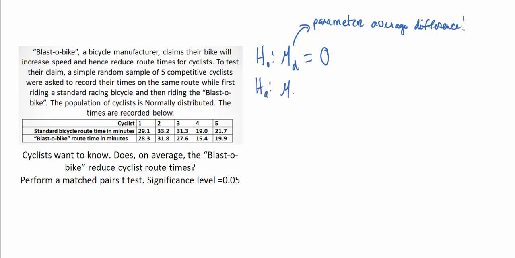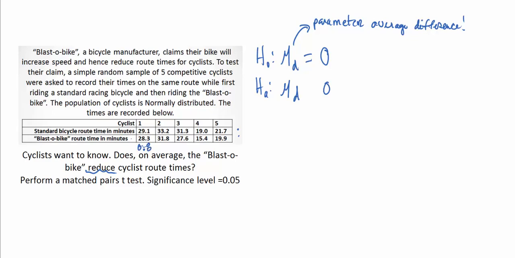And the alternative hypothesis, mu d, is going to be one-sided. The reason why is because it asks whether or not the Blastobike actually reduces cyclist route times. So depending on which way we subtract, that's the direction in which we're going to put our inequality. I always like to subtract based on how we did it in elementary school, which is essentially take the bottom value and subtract it from the top value. So for our first observation here, the difference is 0.8.